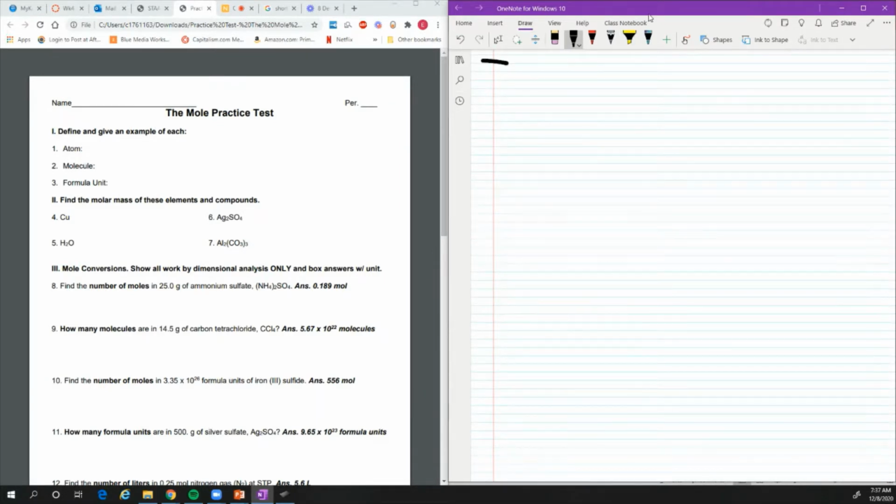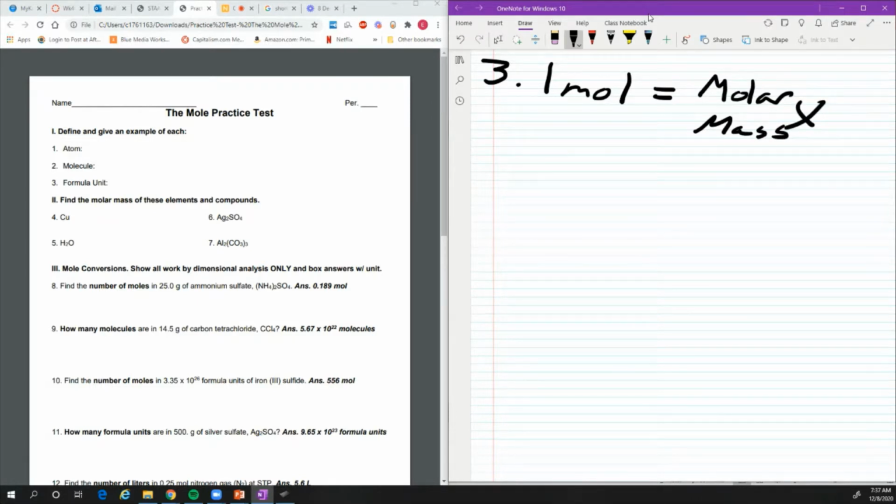And then for number 3, we have the last one. This is the only one that can change. It's 1 mole is equal to the molar mass, X, because we don't know what the compound is, of your compound. So the molar mass for H2O is, H weighs 1, but there's 2 of them, so that's times 2.